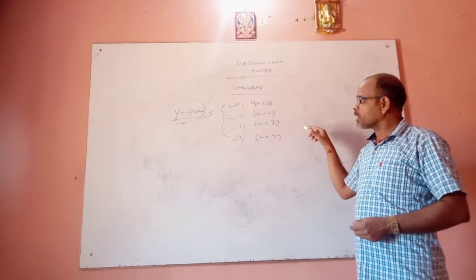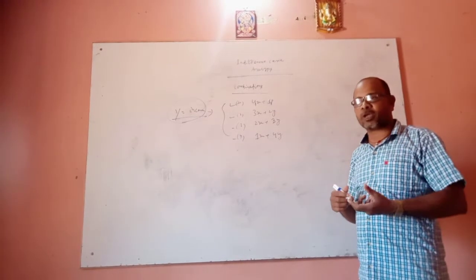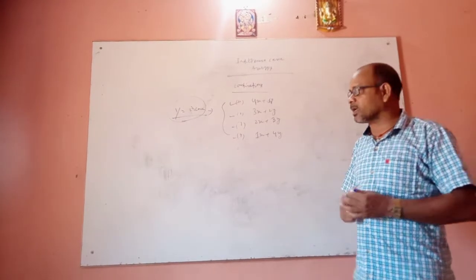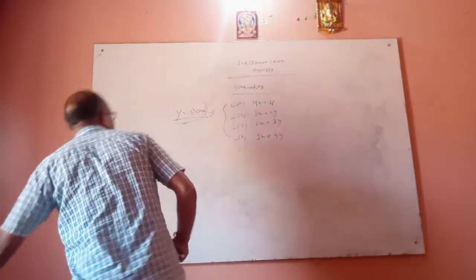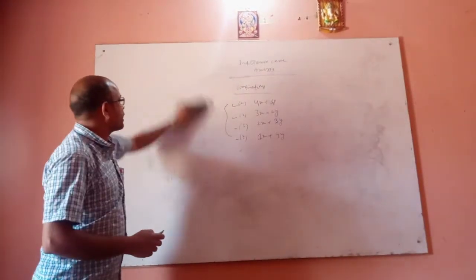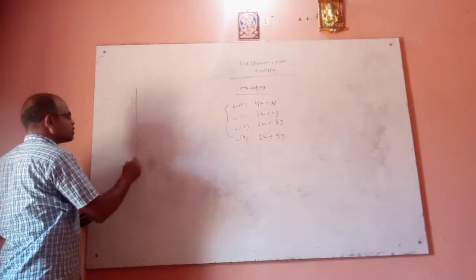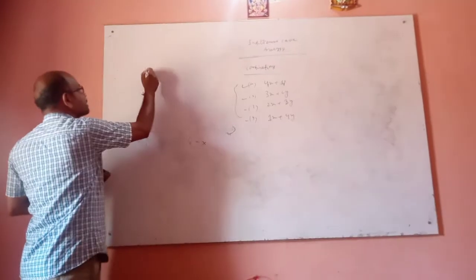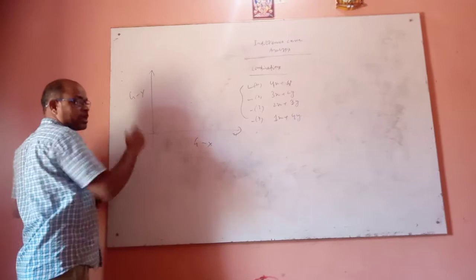So we can also locate the different combinations in graphical terms. As the graphical analysis of the indifference curve technique is concerned, we can take good X on the X axis, good Y on the Y axis.